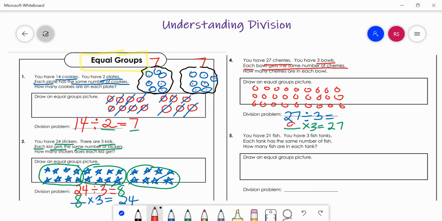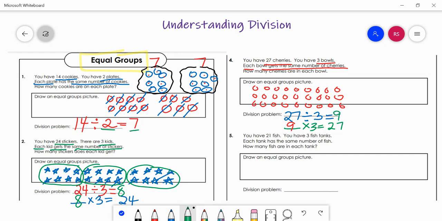You should have 9 times 3 gives you 27. And if you don't know that, count by 3s. 3, 6, 9, 12, and continue until you get to 27. You'll have 9 fingers in the air. So 9 times 3 gives me 27, which means I know that 27 divided by 3 will give me 9.